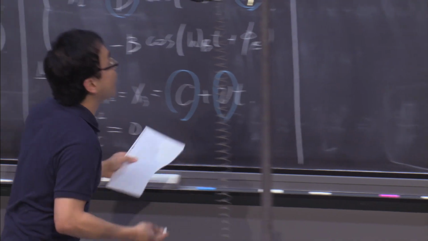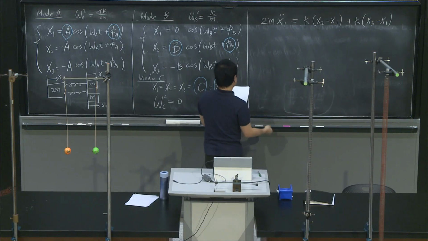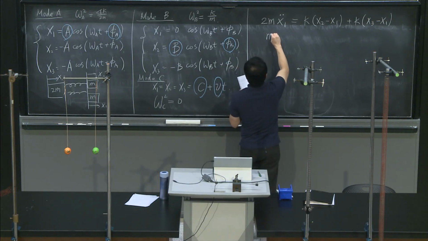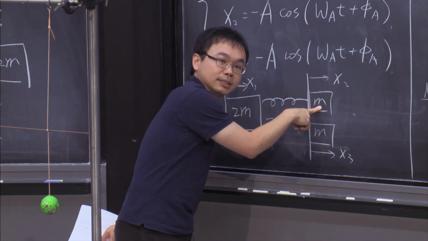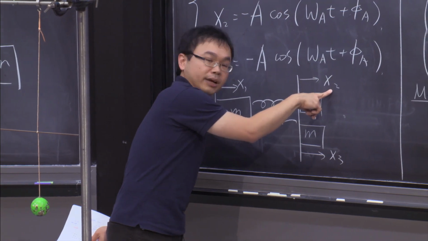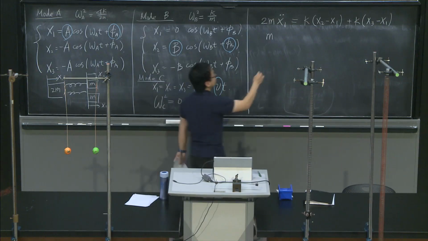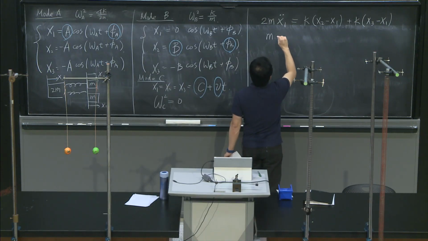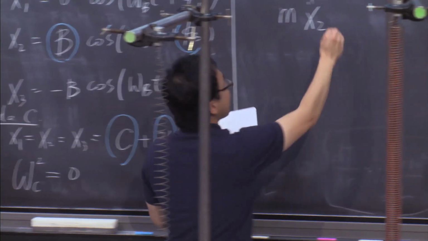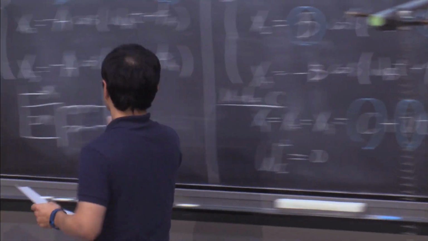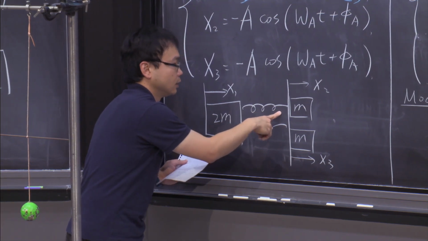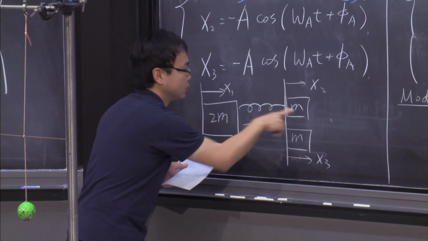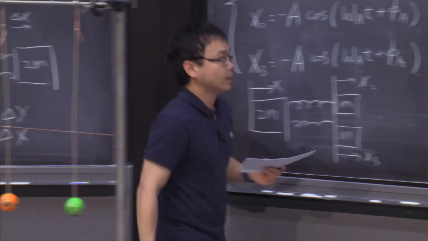All right, now this is the first equation of motion. Then I can work on the second mass. Now I focus on mass number 2. The displacement is x2. Therefore, the left-hand side of Newton's law is m x2 double dot, and that is equal to the spring force. There's only one spring force acting on the mass.